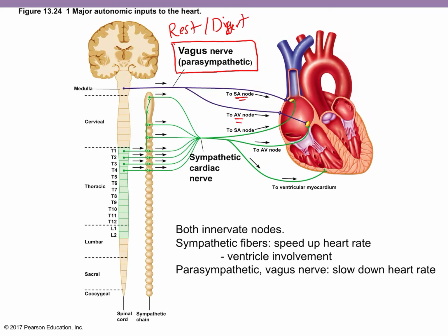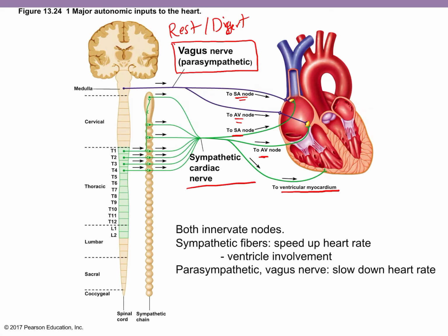The sympathetic fibers travel differently. It's not through just one nerve like the vagus nerve. It's through different methods, but the sympathetic nerve fibers are going to innervate the nodes, SA node and AV node, but also the ventricular myocardium.